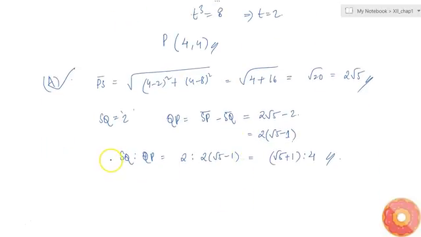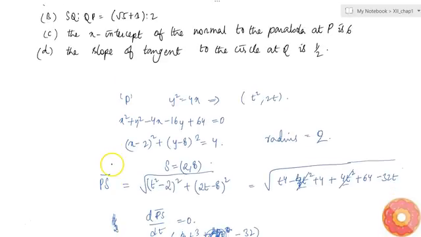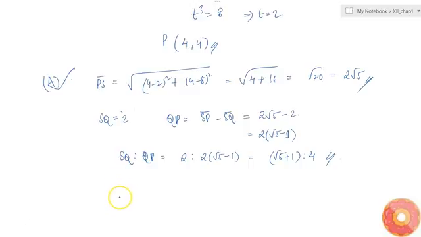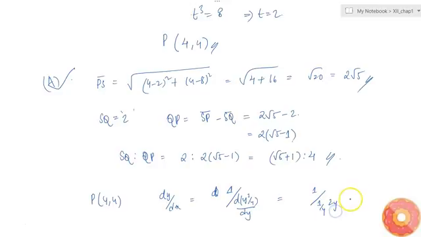So next we need to find the x-intercept of the normal to the parabola at P. The point P is 4, 4. We know that for the tangent, dy by dx, since y square is equal to 4x, will be equal to 4 by 2y, which is simply 2 by y.